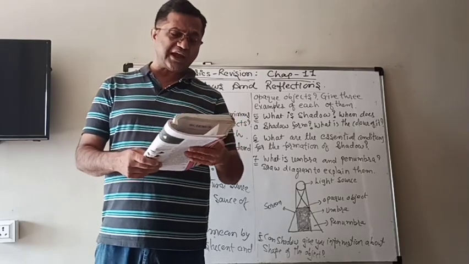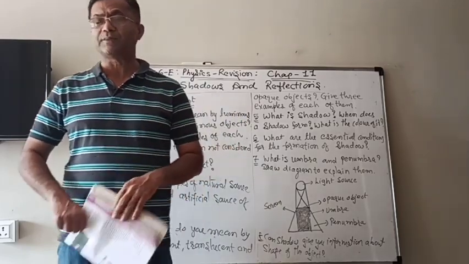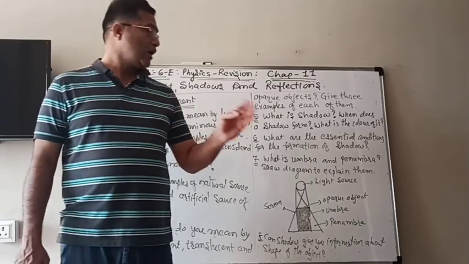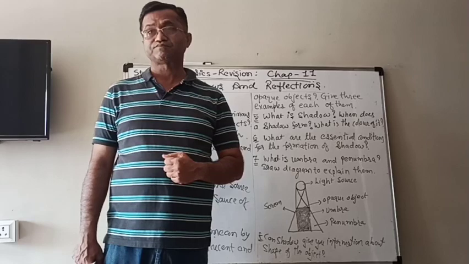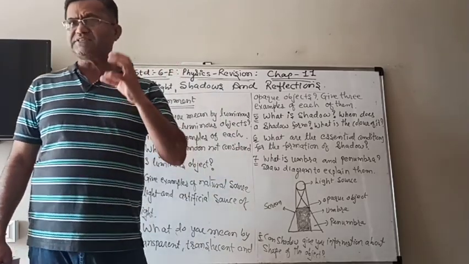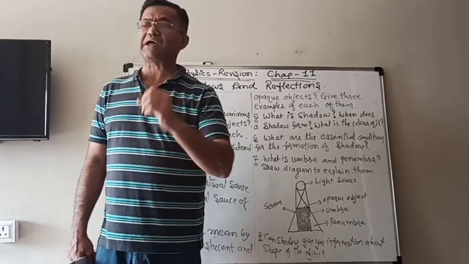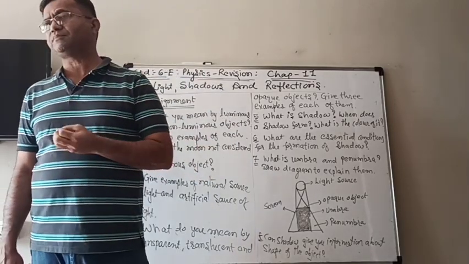Now, when a shadow is forming, there are two parts in the shadow: the umbra and penumbra. If you watch the shadow carefully, two types of parts will be seen.